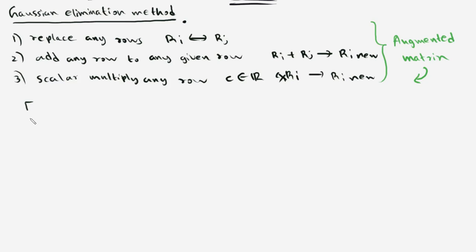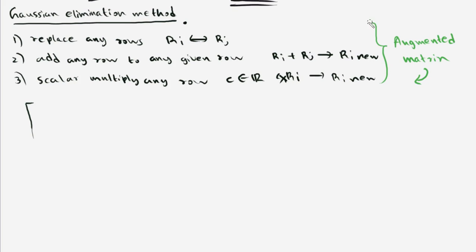Let's say our linear system is already represented as an augmented matrix like this: a11, a12, and so on up to a1n, a21, a22, up to a2n.